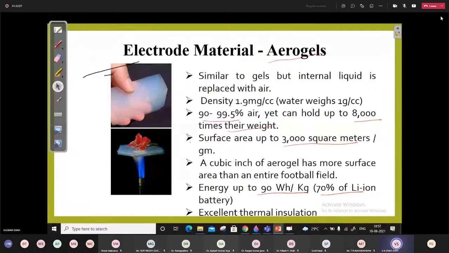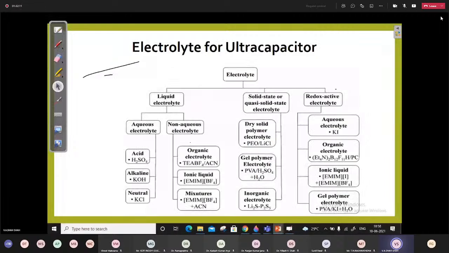The electrolyte will also play an important role in determining the voltage window for the supercapacitor. It may be of three different categories: liquid electrolyte, solid state or quasi-solid state electrolyte, and redox active electrolytes.